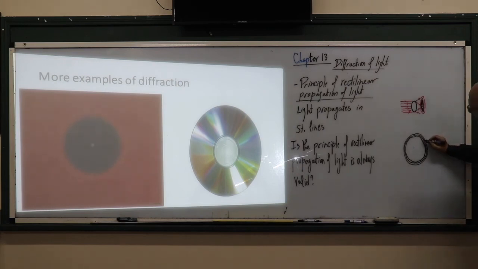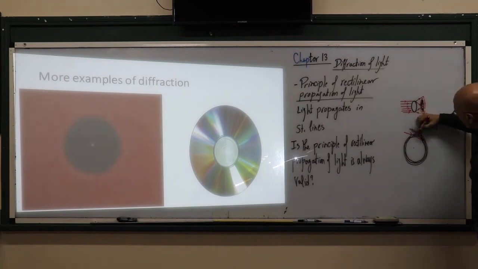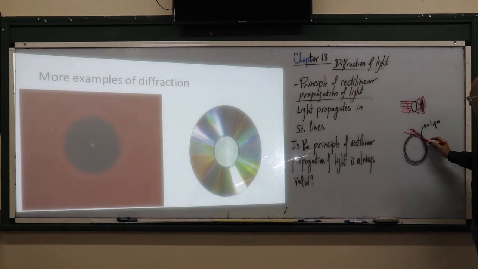The width of the groove, I'm going to call it A. It is about 1 micrometer, which is very small. When light strikes a groove, it is reflected in all directions. So, one direction like this, the second direction like this.